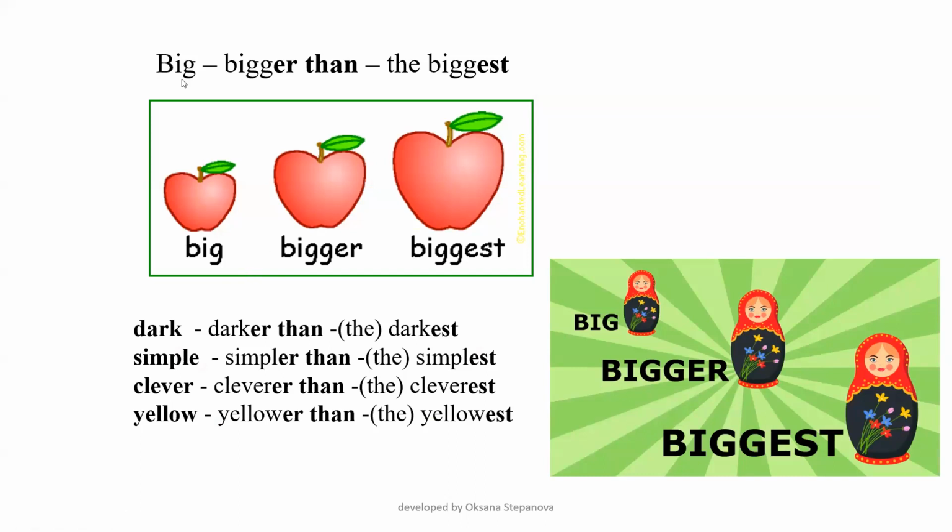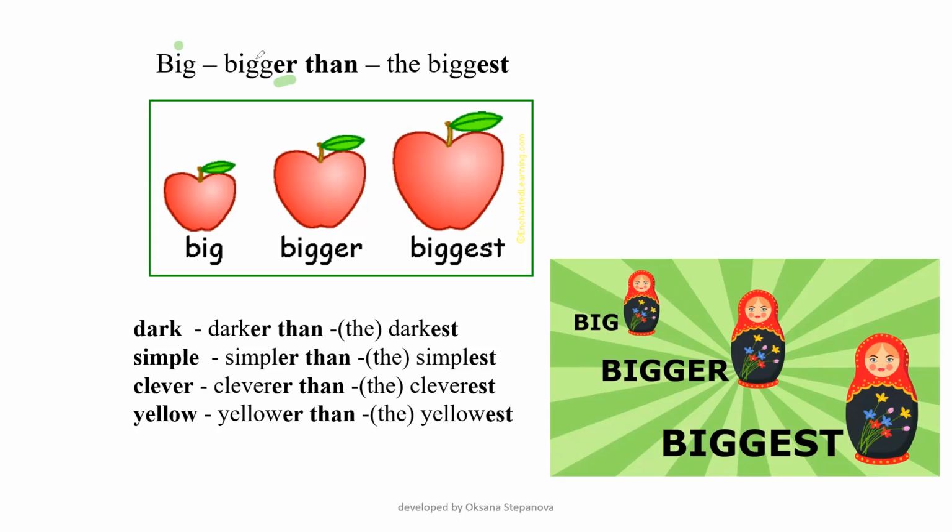All right, so we have big, we have bigger than, and the biggest. Understandable, right? That when we compare, we add suffix er. Big is a 1 syllable adjective. In the English language, normally we double the consonant in 1 syllable words. This is just another rule for you to remember.